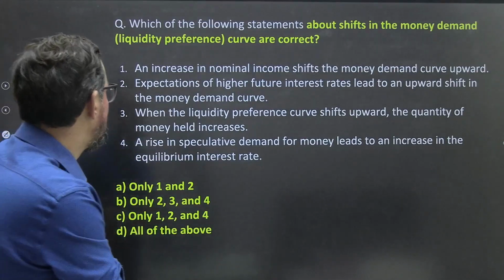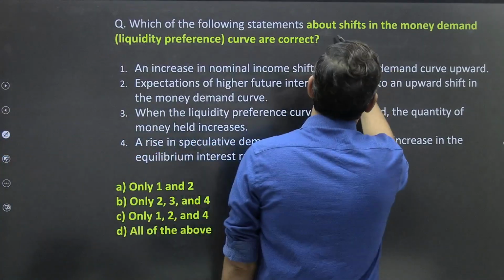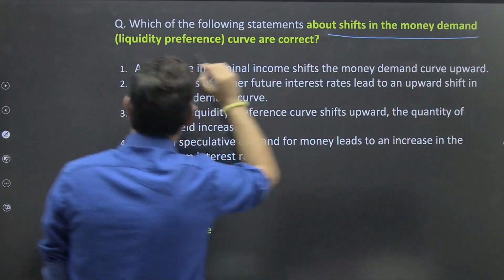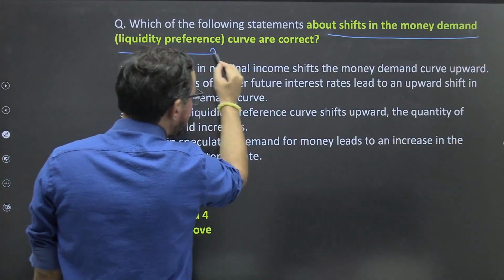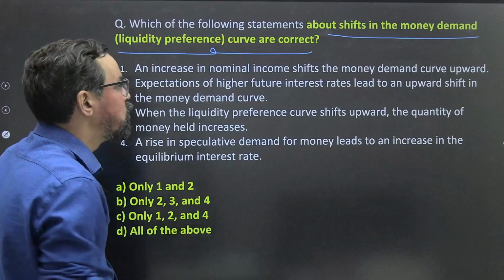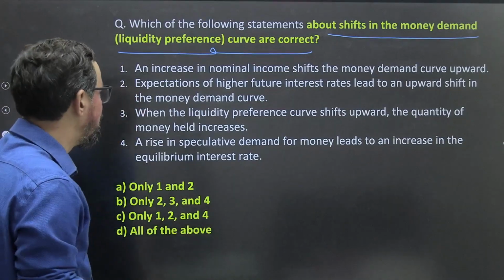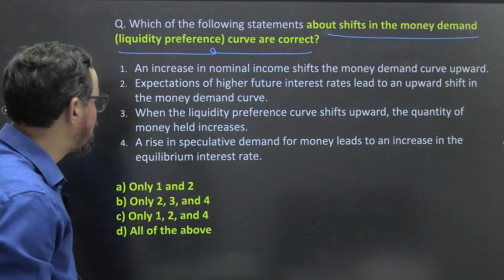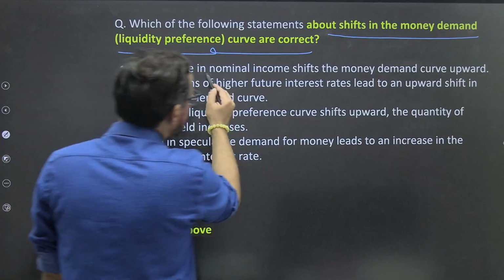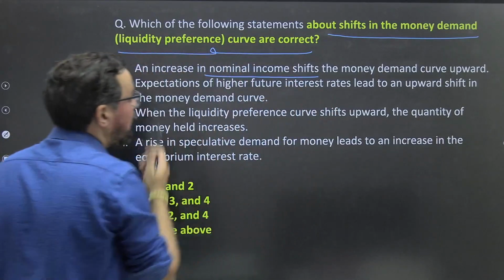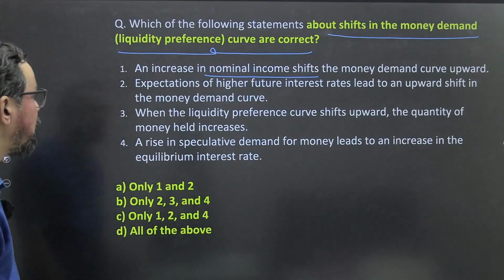Very nice question. Which of the following statements about shifts in the money demand, or liquidity preference, curve are correct? An increase in nominal income shifts the money demand curve upward.